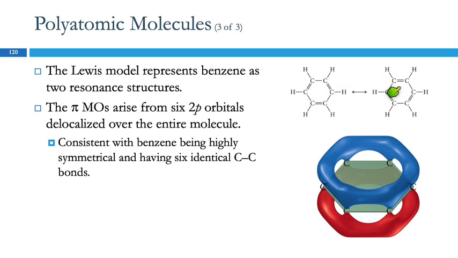So we can draw 2 resonance structures for it. But again, it's neither of those, it's in between. And so this is what molecular orbital theory shows it as. That second bond, there's 3 of them here, divided among the 6, it's delocalized over the entire molecule.